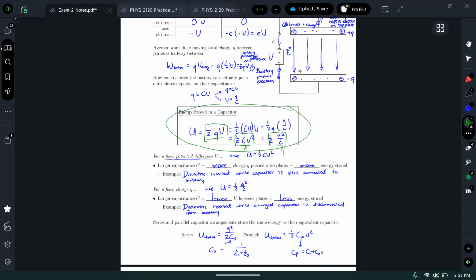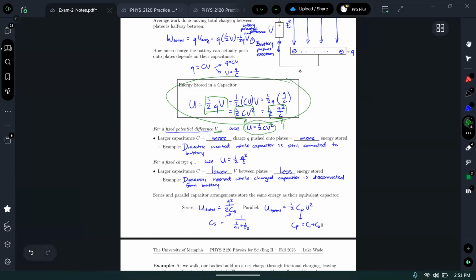To answer the question, we have to know about those other two things, the charge or the potential difference. And if we're keeping one fixed, that it's that idea of you have a battery connected or you have an isolated capacitor where the charge has to stay fixed, then that tells you something about what's constant and what changes. If you have a battery, you have a fixed potential difference V, you probably want to use this one because it doesn't depend on the other thing that changes, which is the charge on the plates as you insert a dielectric.